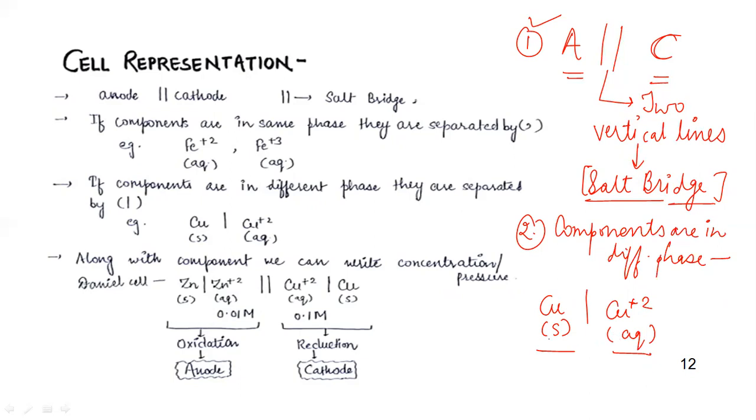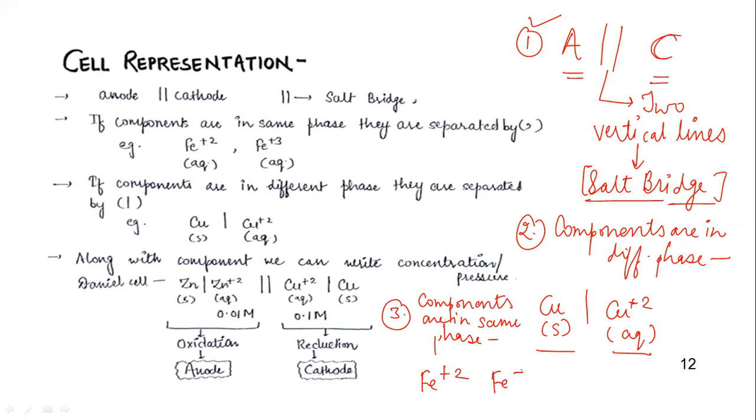Okay, now the third one. If components are in same phase, then what we have to do? Look at the example Fe plus 2 and Fe plus 2.